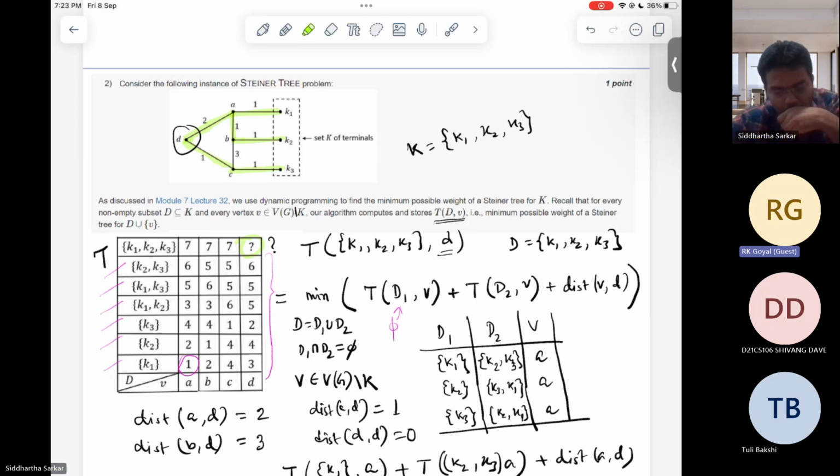And then I can maintain the connectivity among K1 and K3 either by following this path, 1, 1, 6, spending 6 rupees, or by going through 2 plus 1, 3 plus 1, 4 plus 1, 5. So 1, 2, 3 plus 5, 8. Yes, that is how I probably computed the value as 8.